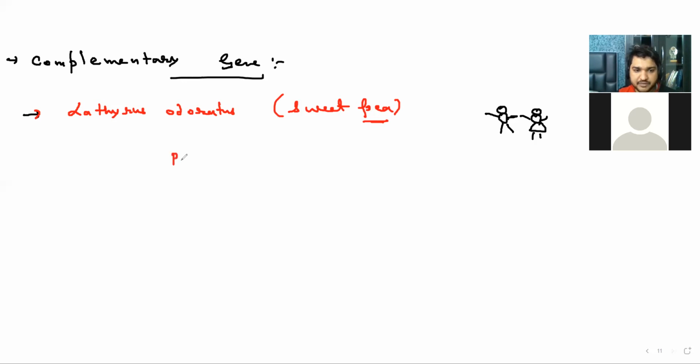Suppose there is a purple flower. The purple flower is a single character, but as I already showed you, it can be purple only when two people are there. So now you don't have to take two alleles, you have to take four alleles. Why?